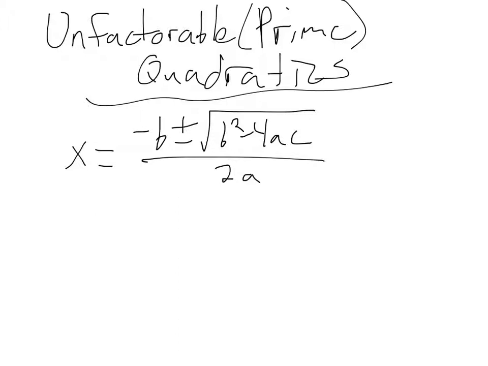Once again, factoring is still preferable if it's possible because it is faster, but quadratic formula can be used all the time. All right, so for instance, let me pick one that's going to have something that we're going to have to simplify. I don't have it in there today. Let's take a guess here.